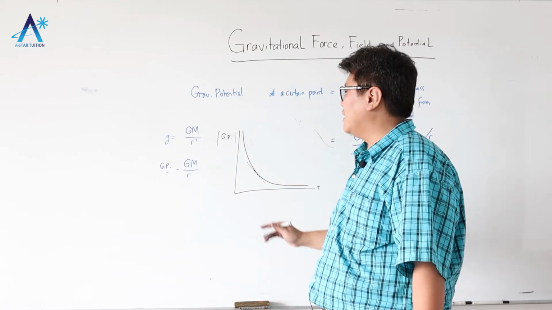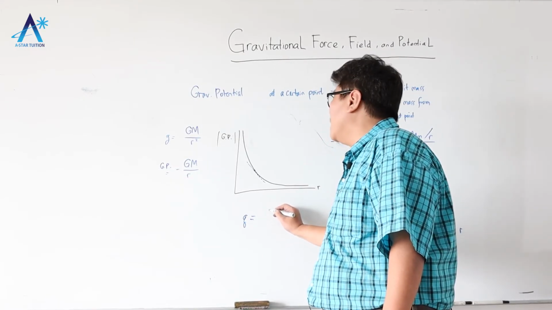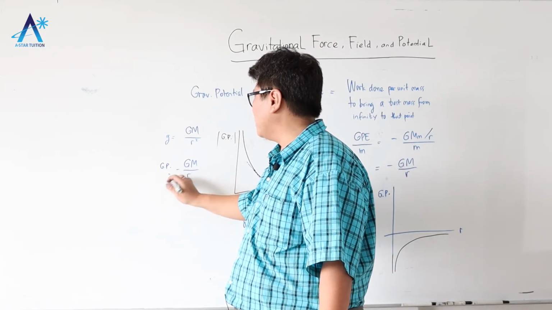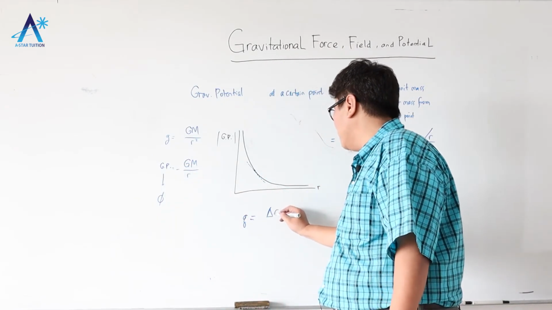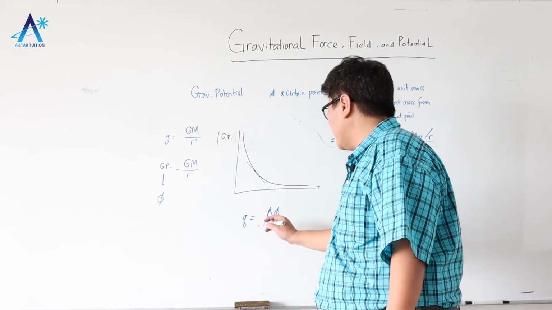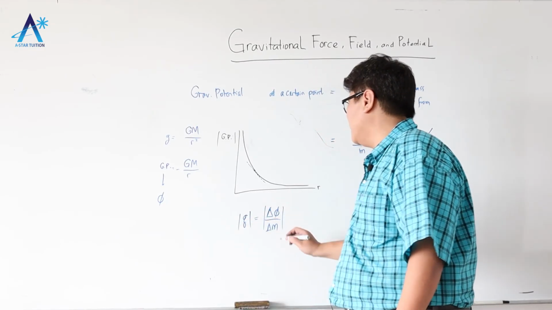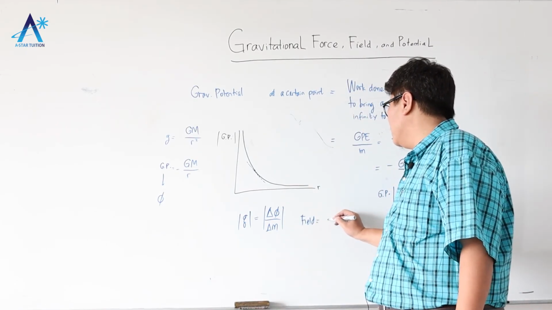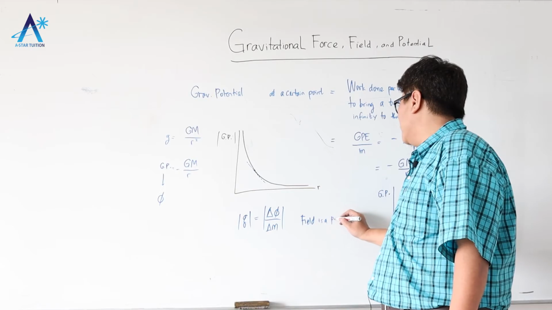So mathematically we can write down g is equal to delta of gravitational potential over delta r. Yeah, so the magnitude; it's better to write like this. So the magnitude of g is equal to the magnitude of that. In other words, field is actually equal to a potential gradient.